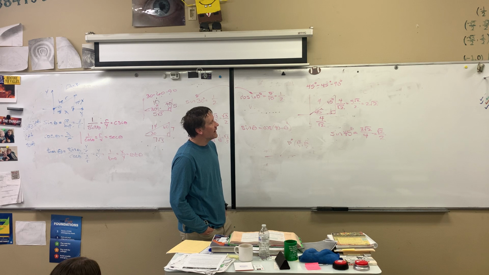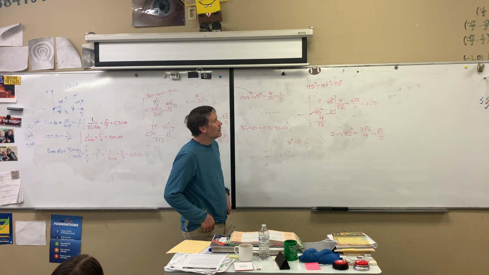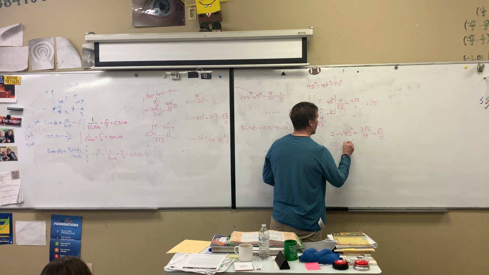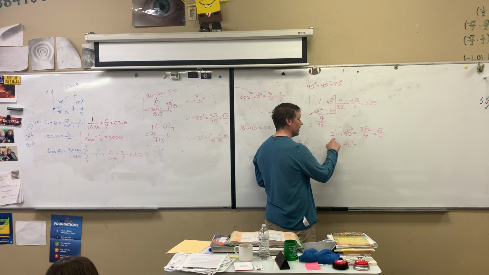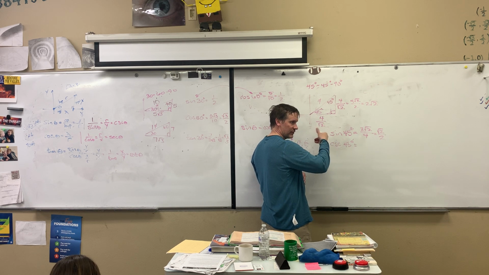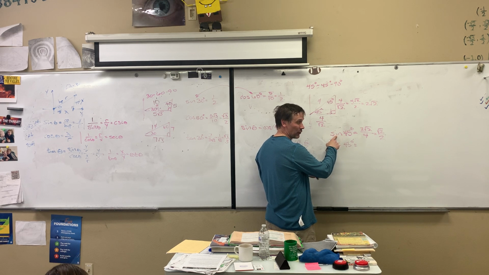Now, with that, they may ask for something. So if they say, hey, sine of 45 is root 2 over 2, which it always is. What if they said, what's cosecant of 45 degrees? Well, cosecant is the reciprocal of sine.